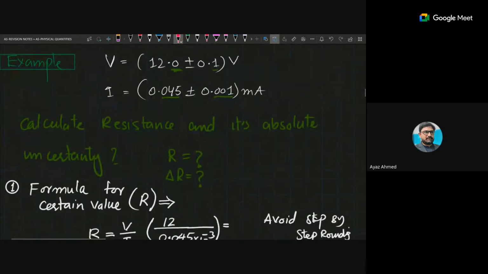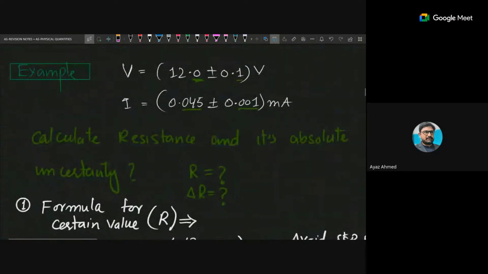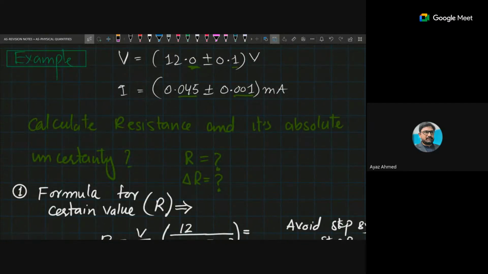Then I wish to explain with the help of examples and with past paper questions. For example, I have voltage. The value of voltage is 12 volt plus minus 0.1, and along with that I have current, that is 0.45 plus minus 0.01, then 0.001 milliampere.